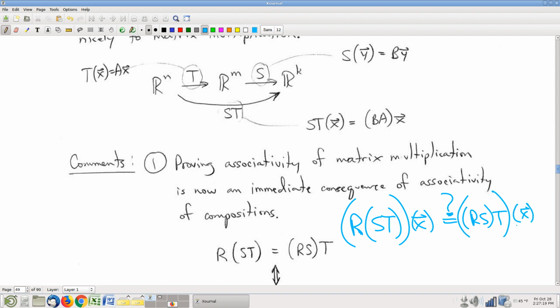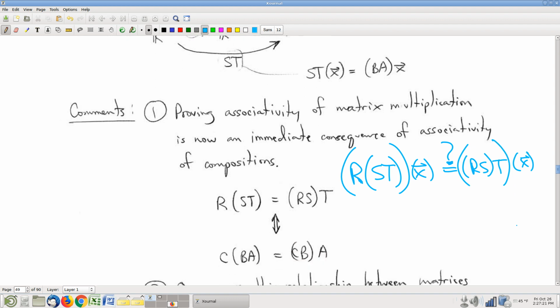This is what I want to know. But good news, straight out of the definition of how linear transformations multiply, both of these are R of S of T of x.